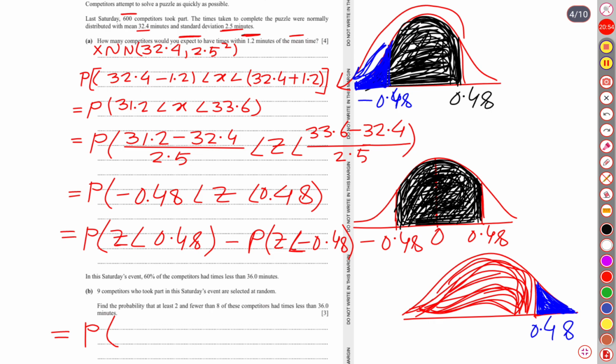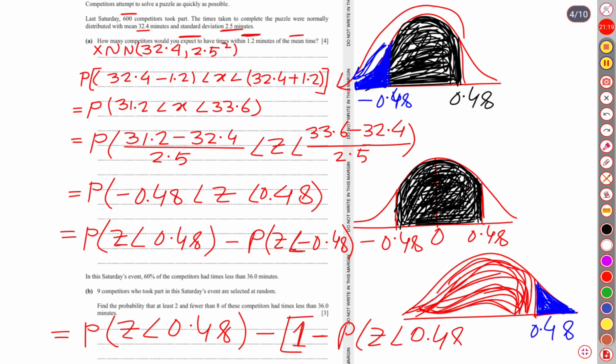So the first part is unchanged: the probability z is less than 0.48. But for the negative z-score, we subtract from 1 the left part when the z-score is positive, z less than 0.48. I think you have understood the point I tried to clarify.